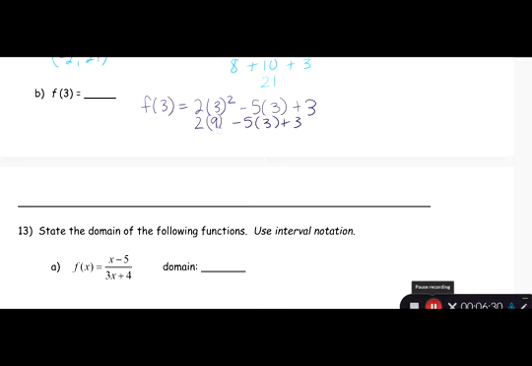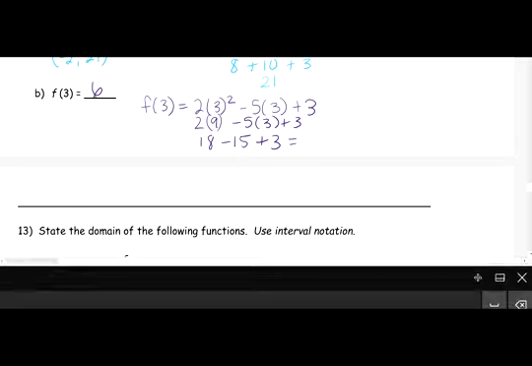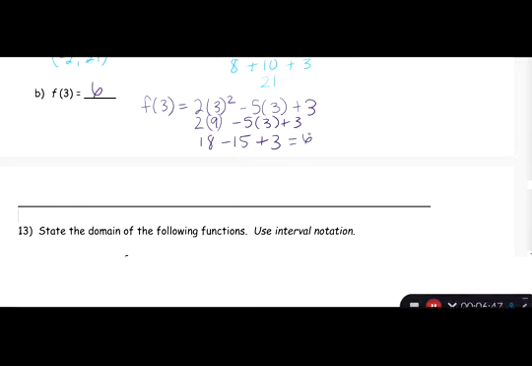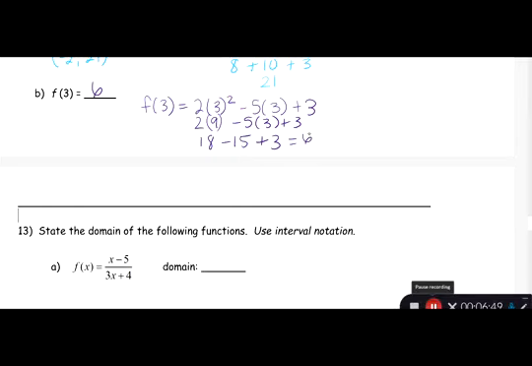Okay, 2 times 9 gives me 18 minus 5 times 3 is a minus 15 plus 3. So 18 minus 15 would be 3 plus 3 equals 6. Okay, so f of 3 equals 6. Again, if we wanted to write it as an ordered pair, we would write (3, 6).